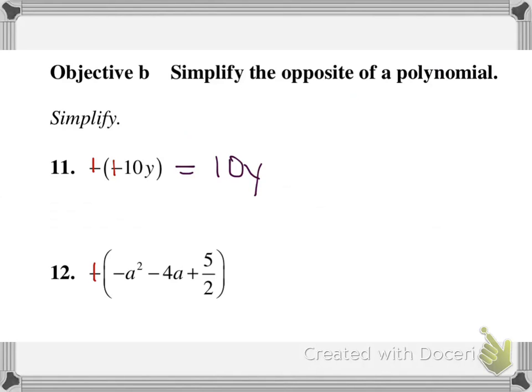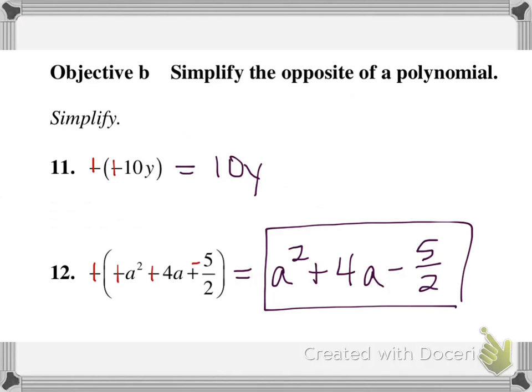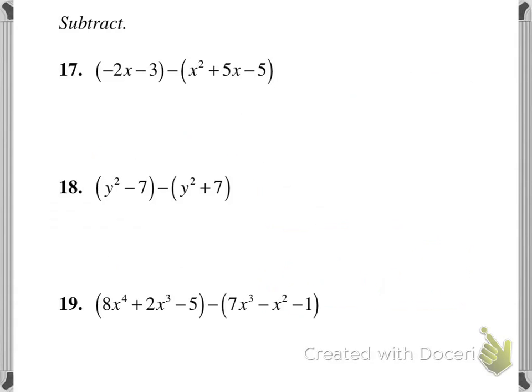So it would be add, and the opposite of all the signs that you see on the inside. Or you're distributing that minus sign throughout, however you want to think of it. So that's going to get us a positive a squared plus 4a minus 5/2. And that would be our simplified answer.